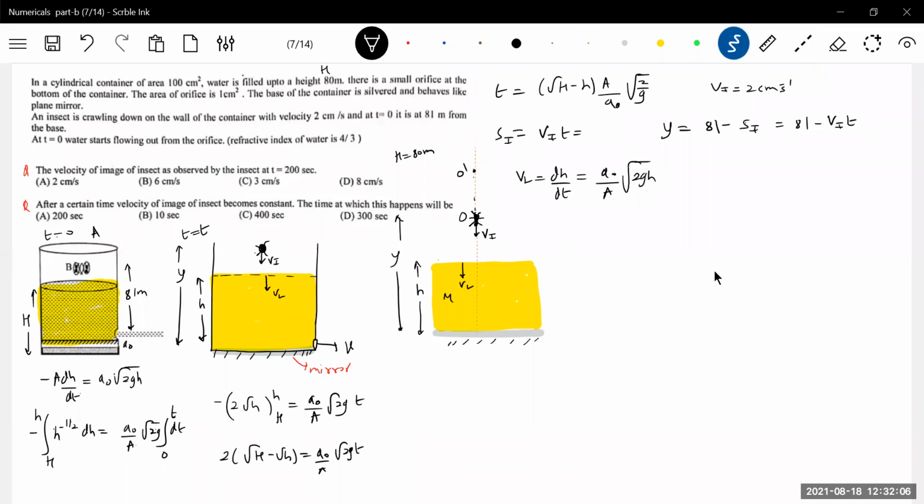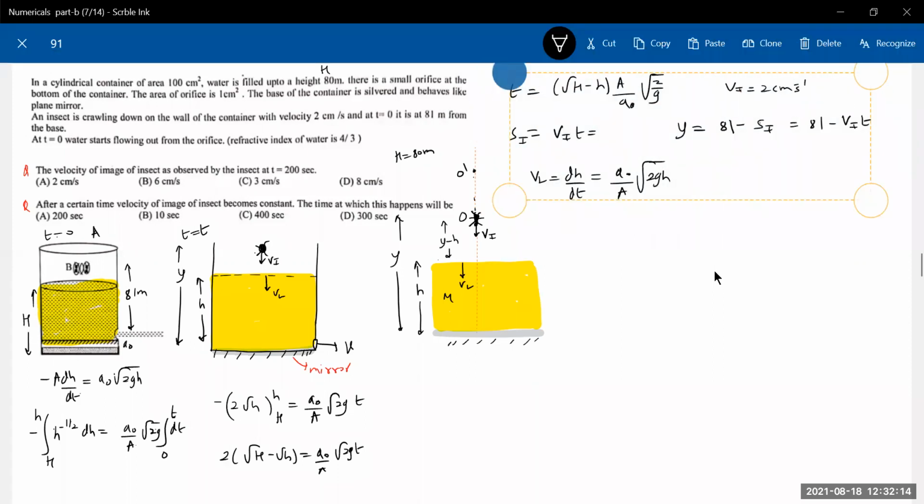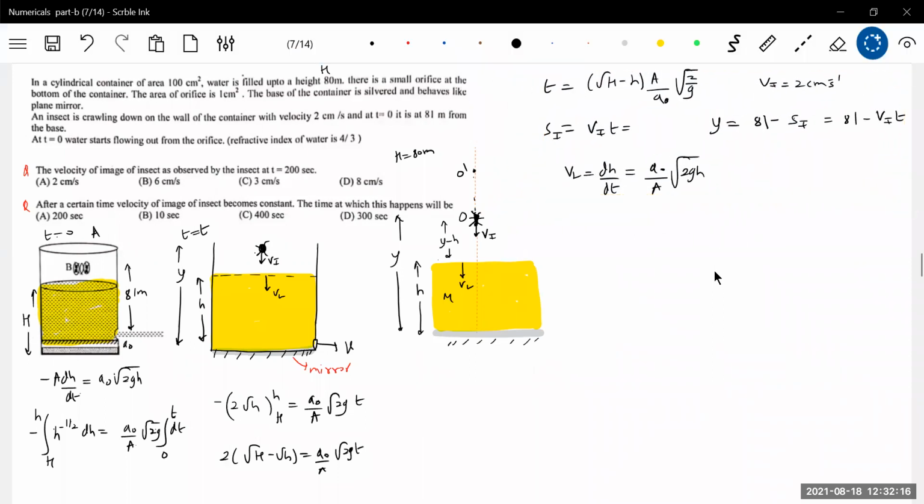It will be equal to y minus. So what is this distance will be? Mu into, it will appear mu times, no? At what height the insect is from the level, top surface of the level, y minus h. So it will appear mu times of that one for the mirror.